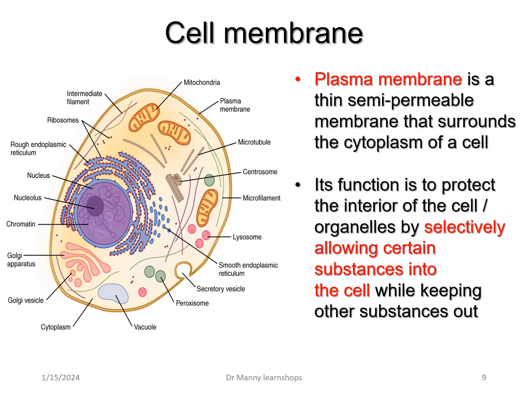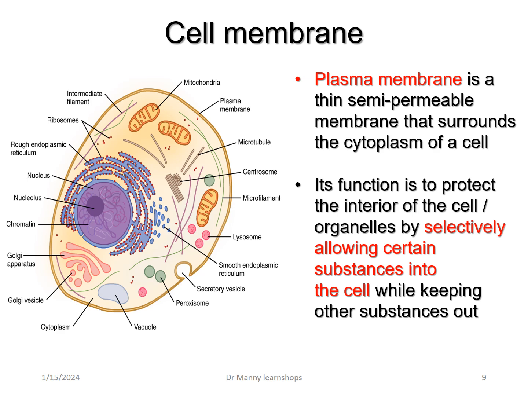The cell membrane is a covering. I guess it's almost like skin in us. The cell membrane, also known as the plasma membrane, is a thin, semi-permeable membrane that surrounds the cytoplasm of a cell.